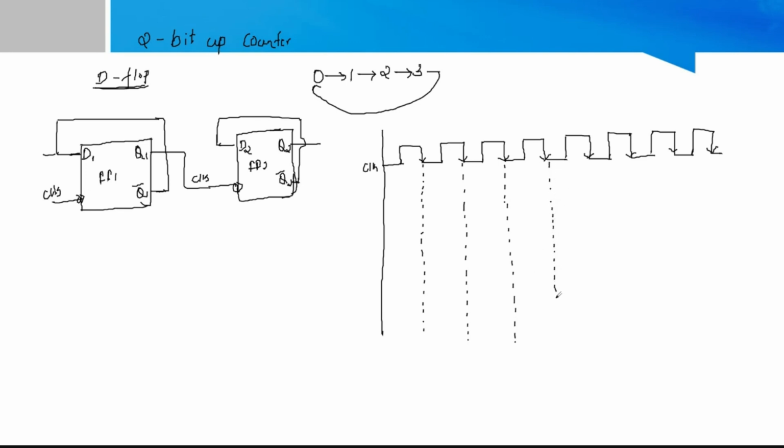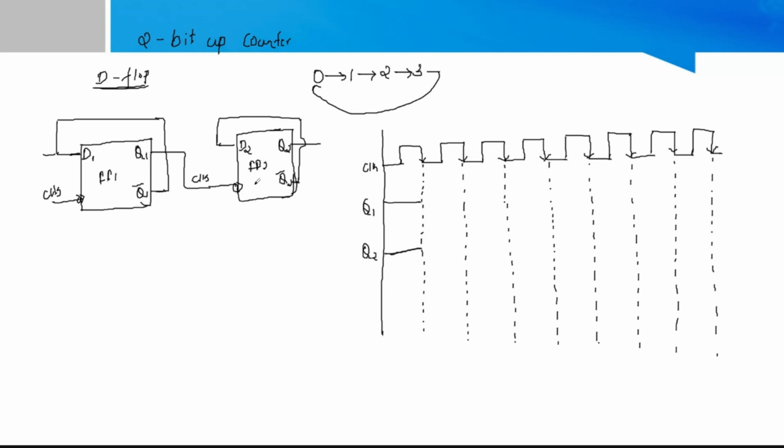This is the clock. So initially the flops will be having 0 0. So this will be the Q1 and this will be the Q2.